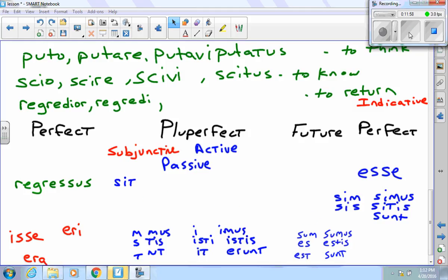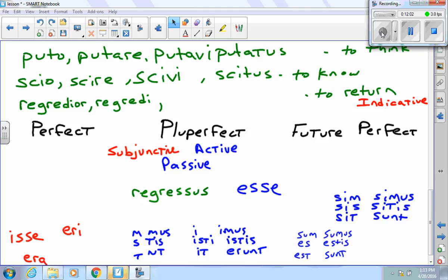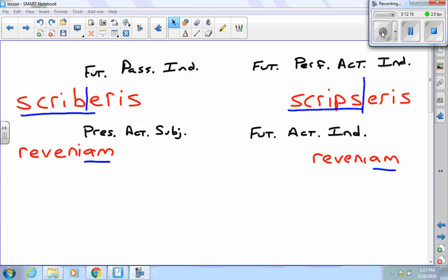Pluperfect subjunctive, I need an infinitive. Here it is, esse. Add the T, and I'm finished. If you look at regressus esset, it looks passive, but it is subjunctive and active. So this would be third person, singular, pluperfect, subjunctive, and active. The biggest ones, though, are to make sure that you can tell the difference between these four. They do look similar. You have to identify them.